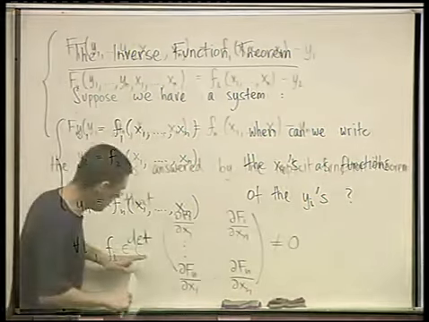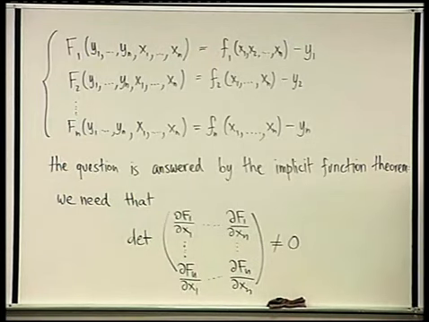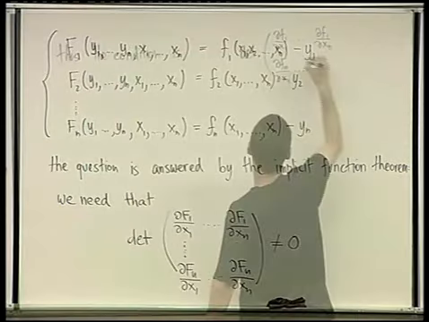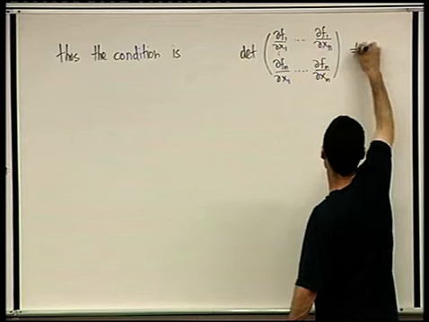Looking again here, we need this determinant to be non-zero. Therefore, the condition is that the determinant of the matrix df1 to dx1 up to dfn to dx1, and so on, up to df1 to dxn, and then dfn to dx1 up to dfn to dxn, has to be non-zero.